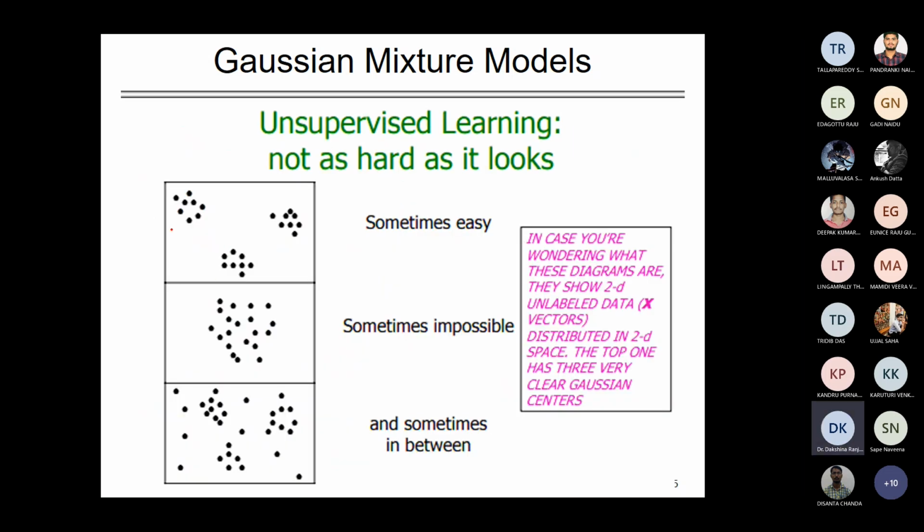Now, if the data is distributed like the first example, it is very easy to estimate the density, because we can clearly observe the centroids or means, since these three distributions are completely separated from each other. But if we get distributions like the second example, it is sometimes impossible to estimate the density for the corresponding classes.